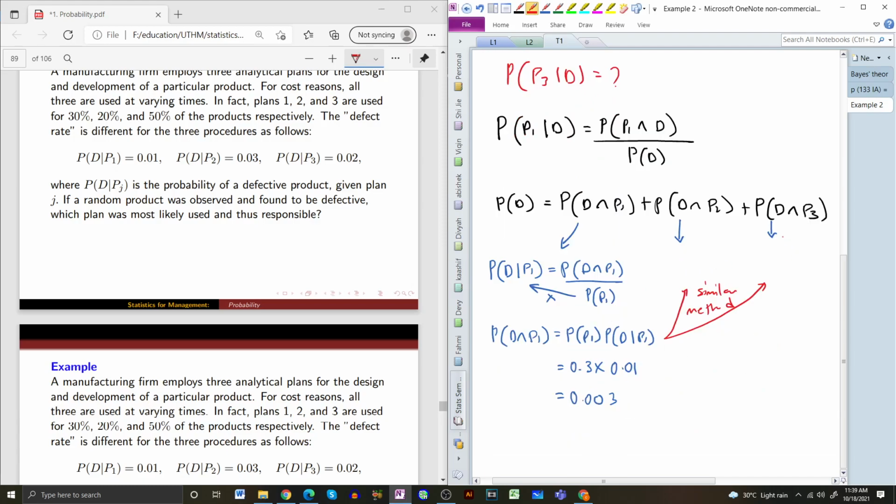If you find this, you will notice you will get 0.006. This one you will get 0.006.